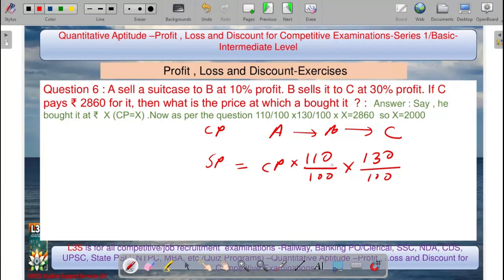And the final price he gets is 2860, that is the selling price. Now from here we can find out the CP. If we simplify it, we'll get the CP value as rupees 2000.